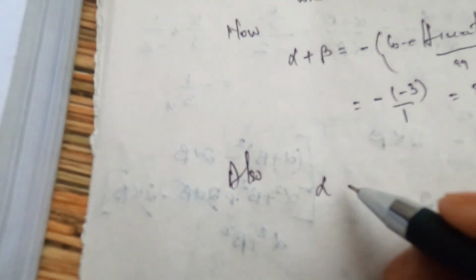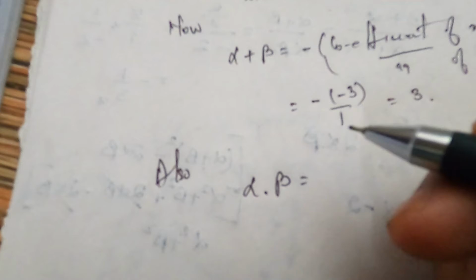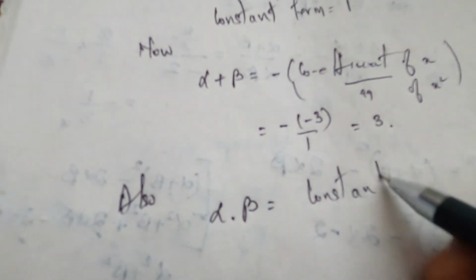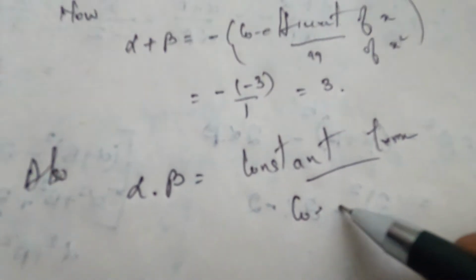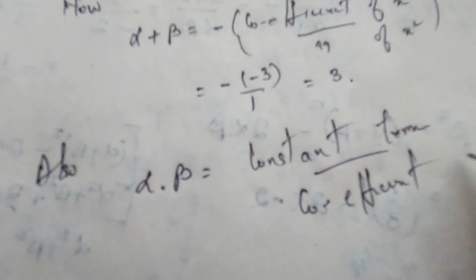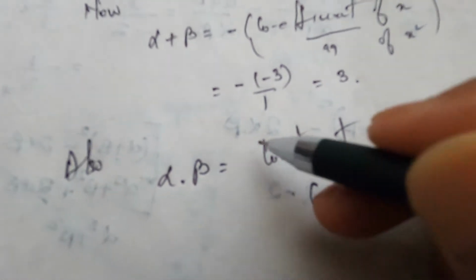All right, now let us find product of zeros. Also, alpha beta, so this is product of zeros, will be constant term by coefficient of x square.